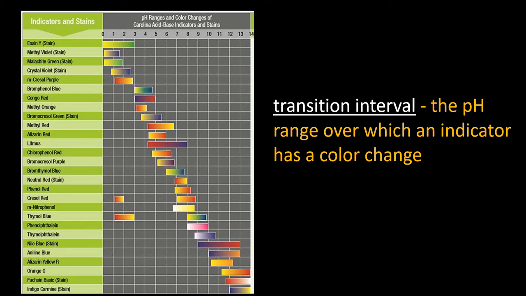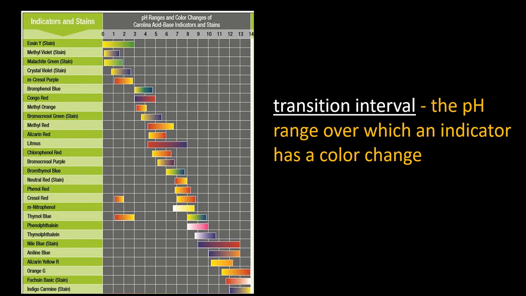But if you look at the chart, it indicates what range of pH each indicator will cover. Okay, so like, let's see, our methyl red here covers from a little over 4 to almost 7. Okay, so you're not going to be using methyl red on a base because base is over here.